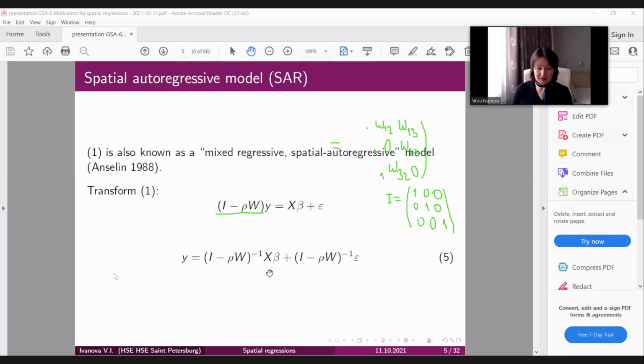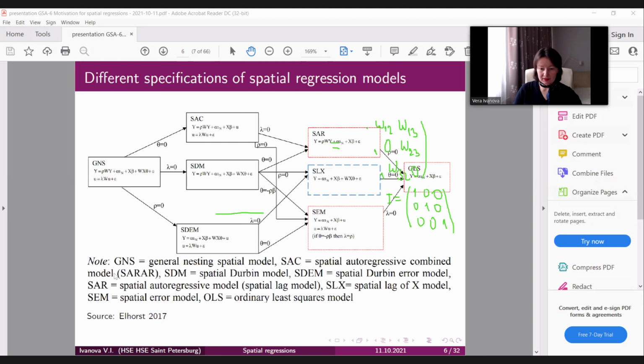So we are going to consider simple cases when a spatial matrix is connected, that is no isolated regions, no islands, and we assume that all the regions interact with at least one region, and no isolated blocks of spatial matrix.